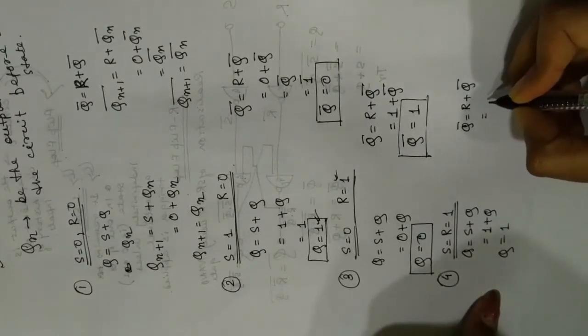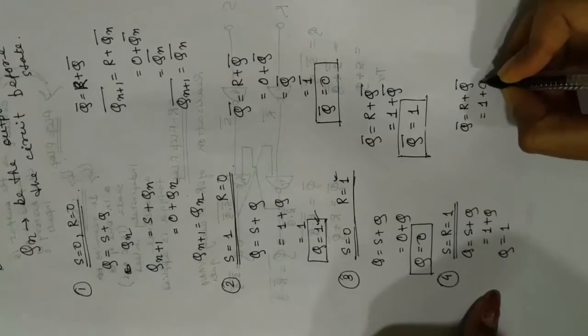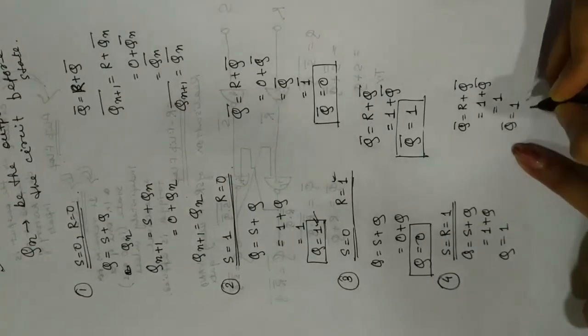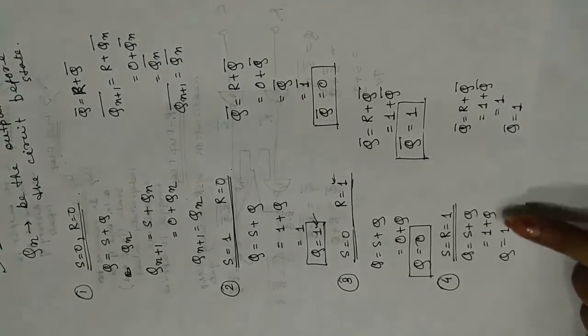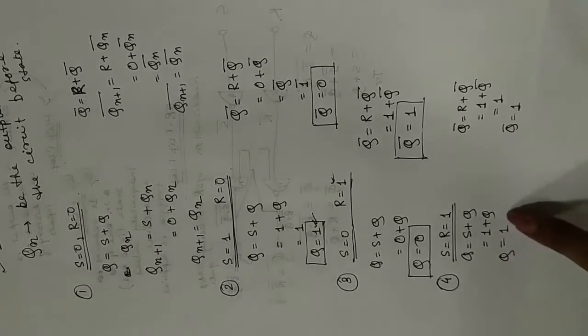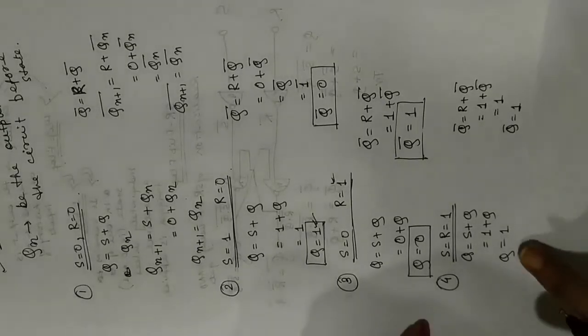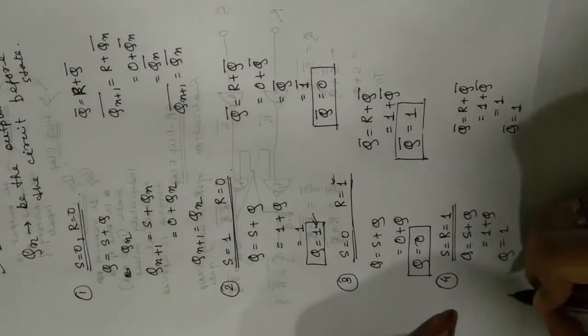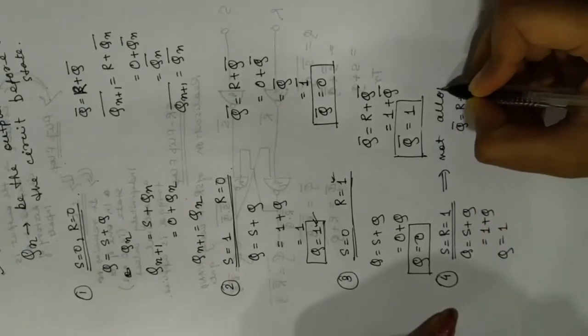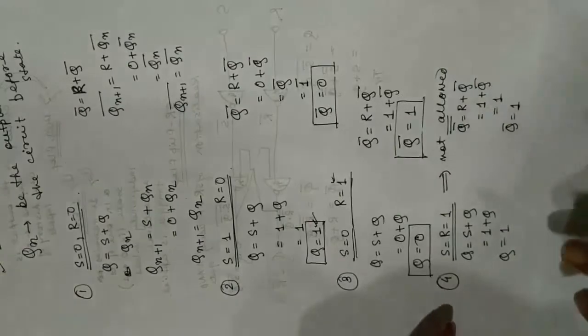This Q bar is equal to R plus Q bar, so you get 1 plus Q bar. Even this turns out to be 1, so Q bar is equal to 1, which is a contradiction, right? Q and Q bar cannot be 1 at a time because Q and Q bar should be 1 and 0. So due to this discrepancy, this stage is not allowed because this will give you an unpredictable result, right?